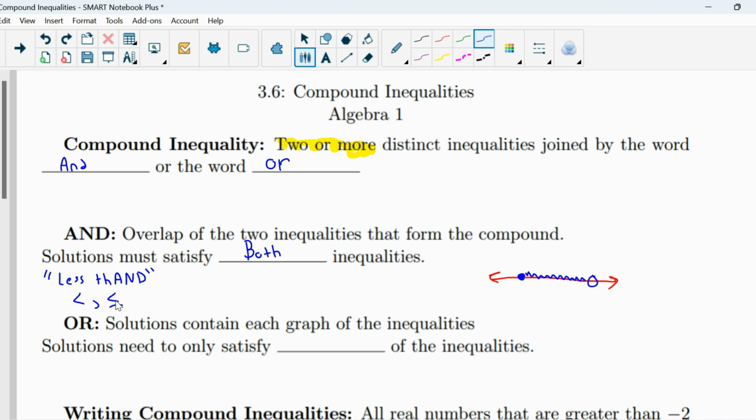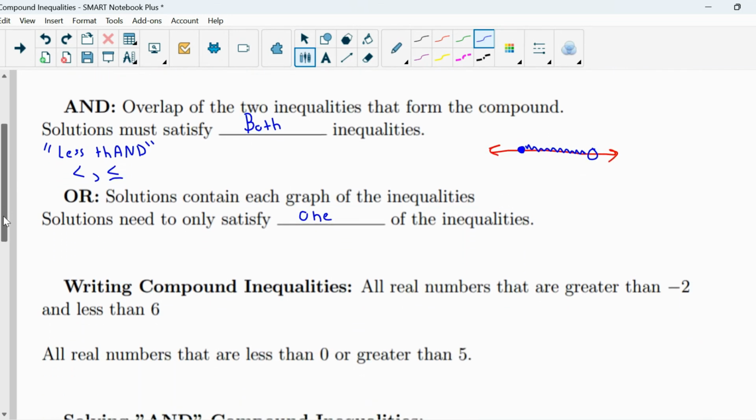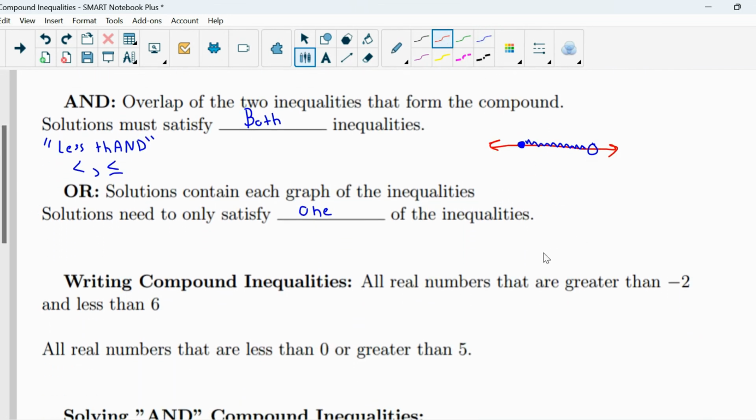An or inequality is when solutions contain each graph of the inequalities, okay? So what this means is that solutions need to satisfy one of the two inequalities, okay? Generally, an or inequality will look something like this, where you have both of your points, but they are facing off in opposite directions.